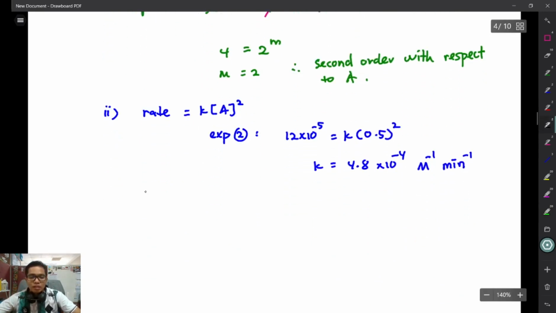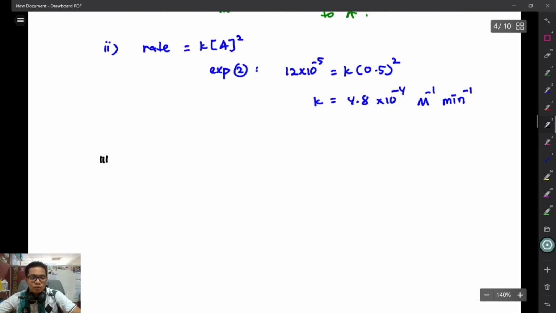Next, number 3. Number 3 asks you to determine the value of Z or Zed, up to you which country you belong. Okay, Malaysia says Zed. Determine the value of Z. Just use the rate law.